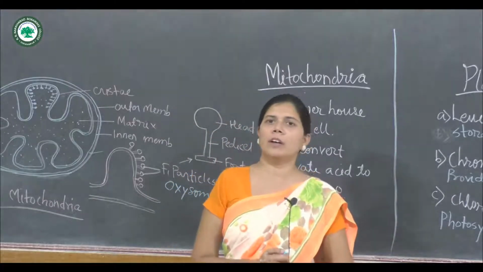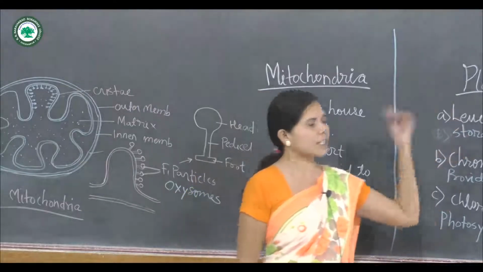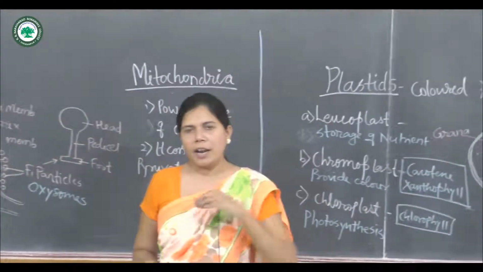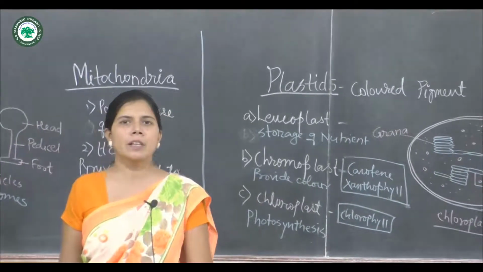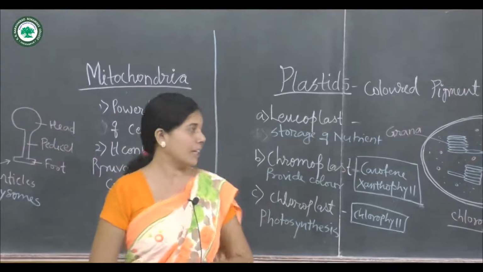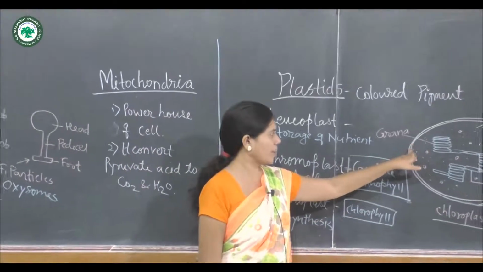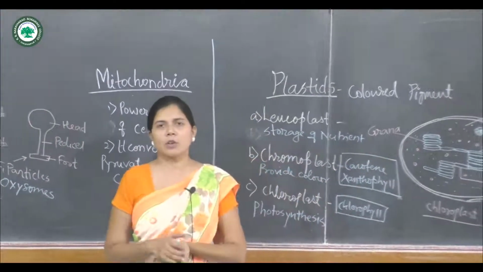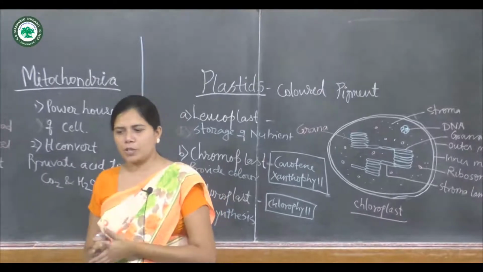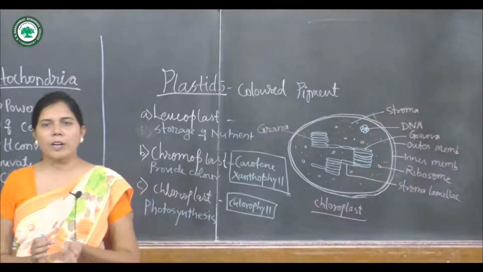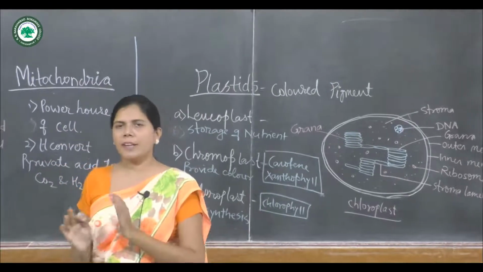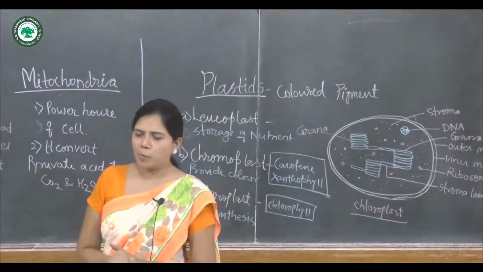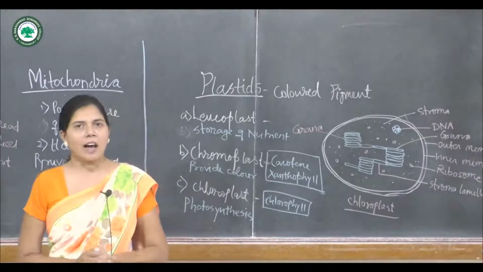Now we are moving to our next topic, the plastid. Like the mitochondria, the plastid is also a double membrane cell organelle. We can clearly see the outer membrane and inner membrane. It is a double walled organelle containing DNA, RNA and 70S type of ribosome, but plastids are larger in size.